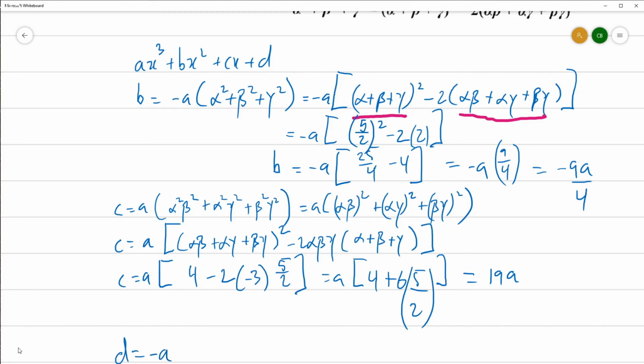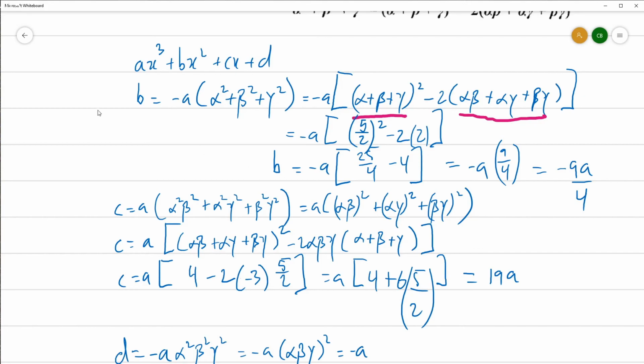So in this case, we have the squares, alpha squared, beta squared, gamma squared, which is minus a, alpha beta gamma all to be squared.